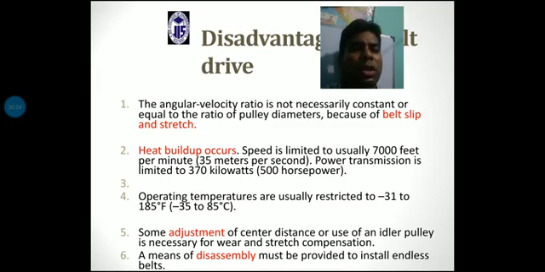That is the case for the total disadvantages and advantages, the mechanism, types of belts, and how much length there will be in open belt, cross belt, etc. All those portions we will discuss in these classes, and in the next classes we can discuss a new topic. Thank you.